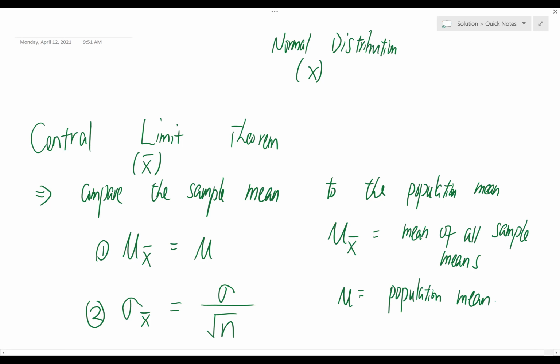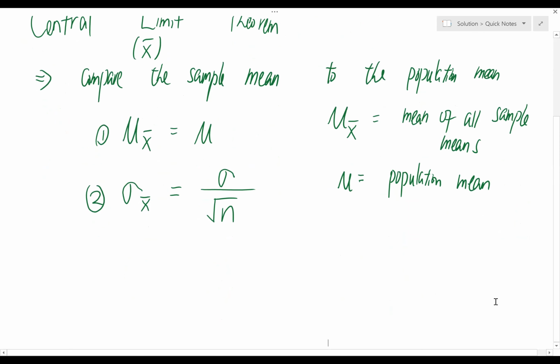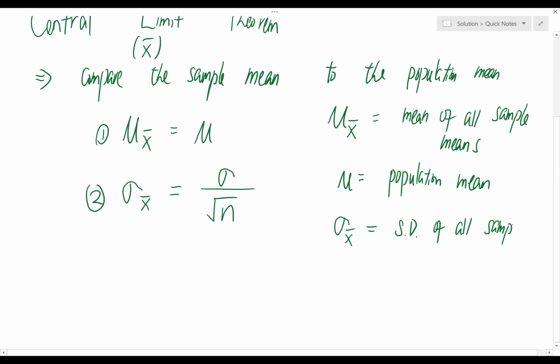Here, sigma with the subscript X bar is what we call the standard deviation of all the sample means. So sigma of X bar is basically saying standard deviation of all sample means. And sigma here is basically the population standard deviation.